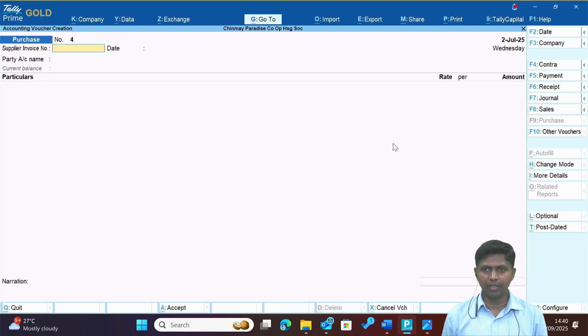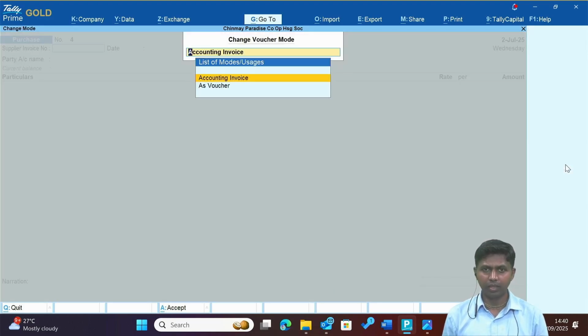Therefore, instead of selecting item invoice, we'll select the accounting invoice. In this voucher, you are seeing particulars. That means this is accounting invoice only. If you are not getting particulars here, then with the help of Alt H button, you can change the mode. Right now, I'm on the accounting invoice only.